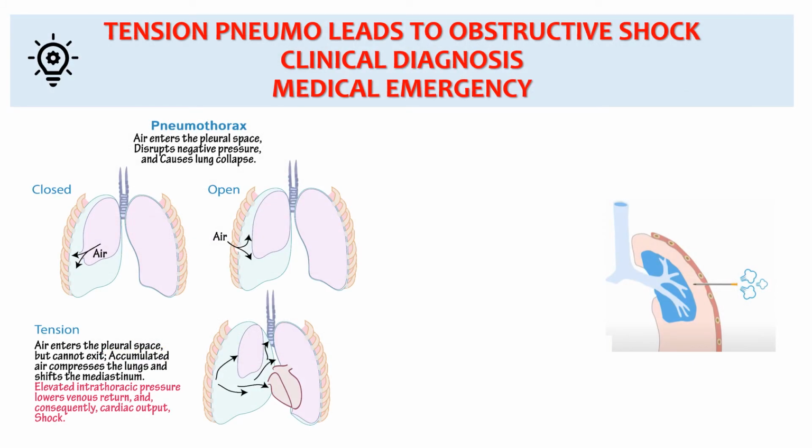Please remember, like I just explained to you, that it leads to obstructive shock and it's a clinical diagnosis. It's a medical emergency, and once you suspect it, you have to put in a needle in the second intercostal space, and that has to be followed immediately by a catheter placement, ICD.